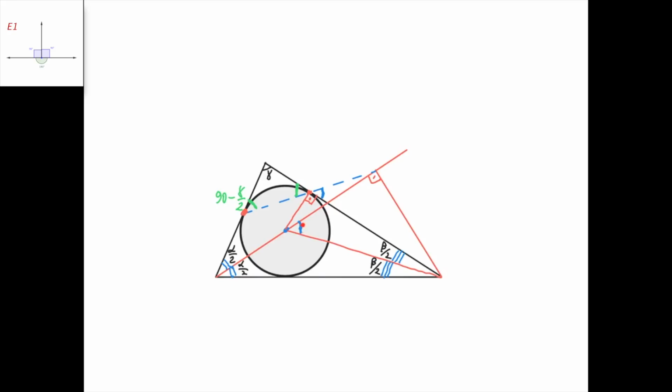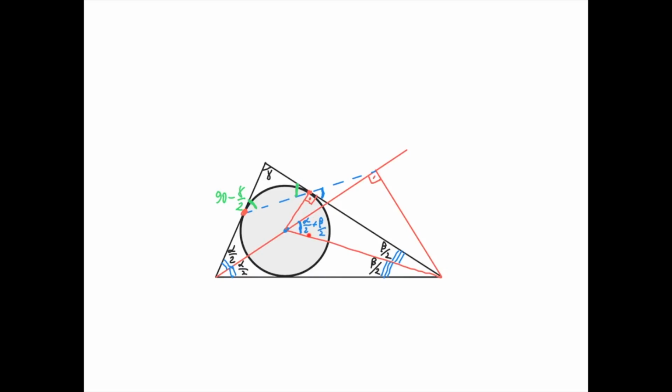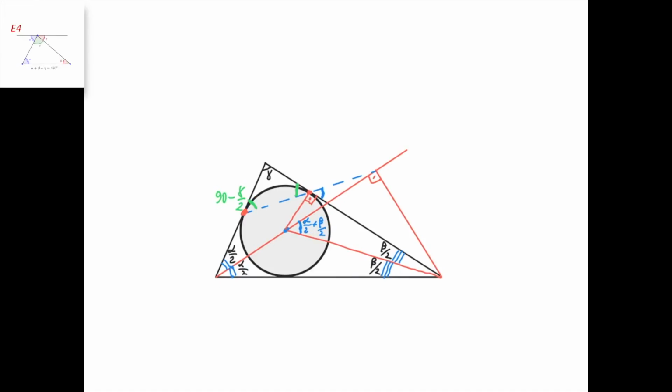And so this, the complementary angle, would just be alpha over 2 plus beta over 2. Now the question is, why does it equal 90 minus gamma over 2? Well, we know that alpha plus beta plus gamma is 180, and therefore alpha over 2 plus beta over 2 plus gamma over 2 equals 90 degrees. And so 90 minus gamma over 2 would equal exactly alpha over 2 plus beta over 2.